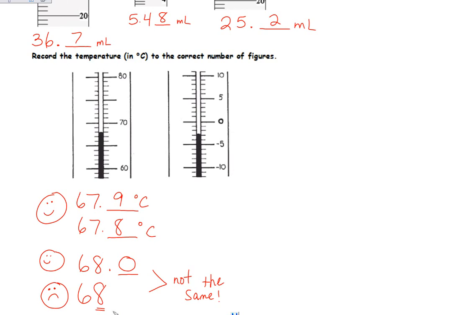A thermometer like this would only have a marking for 60 degrees, 70 degrees. But our thermometer has more than that. This thermometer has markings every 1 degree. Like there's a line for 68. So if you really think that it's right smack on the line, then you have to say 68.0. Those are not the same. The estimate is not the same.